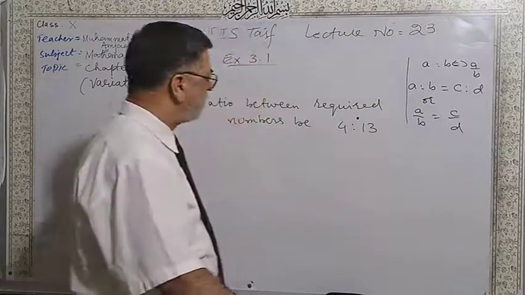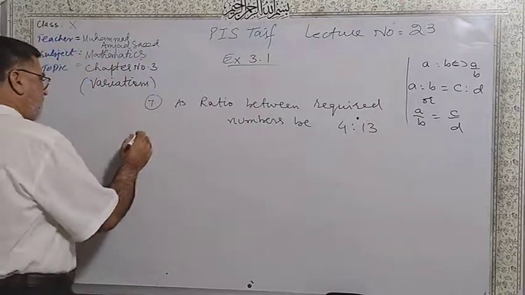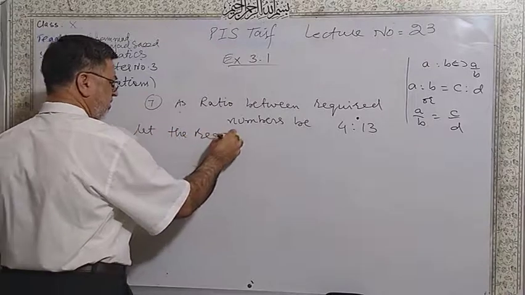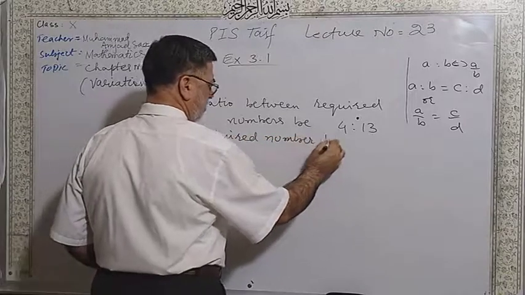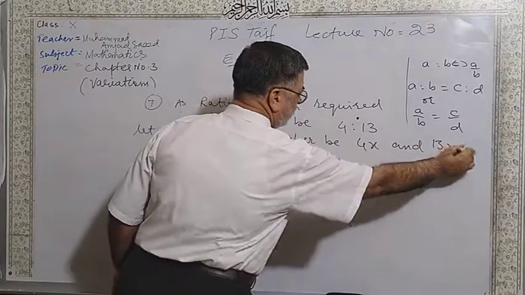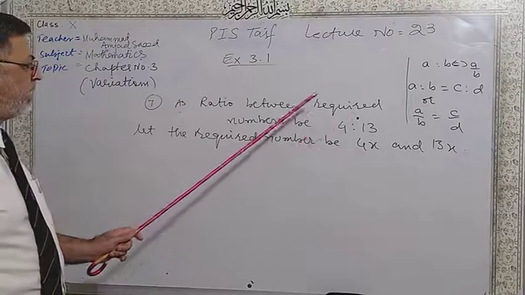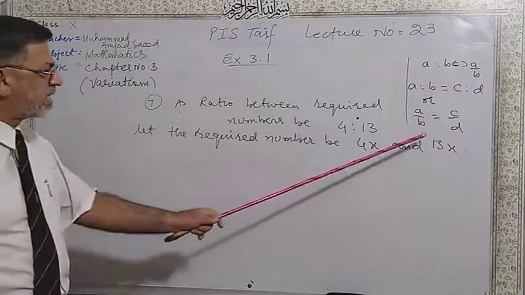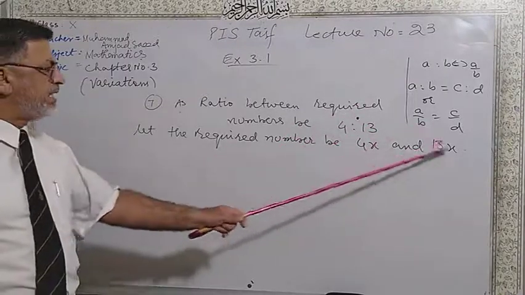So let the required numbers be 4x and 13x. I told you this is the ratio between required numbers, so we attach a common number x with them.